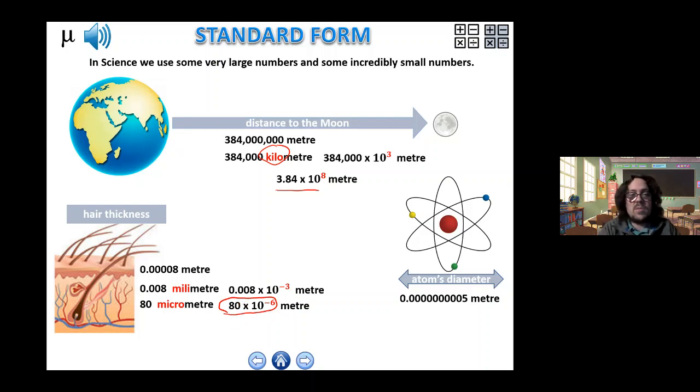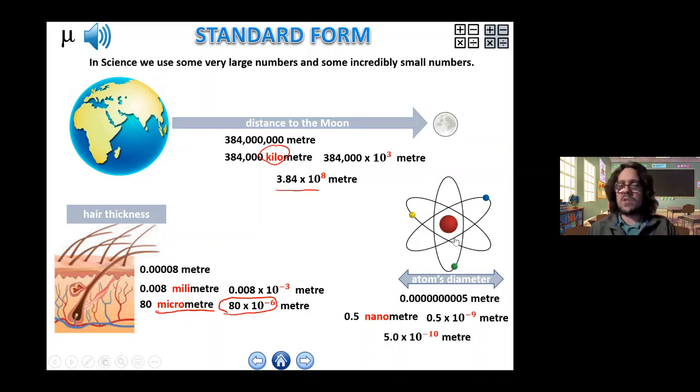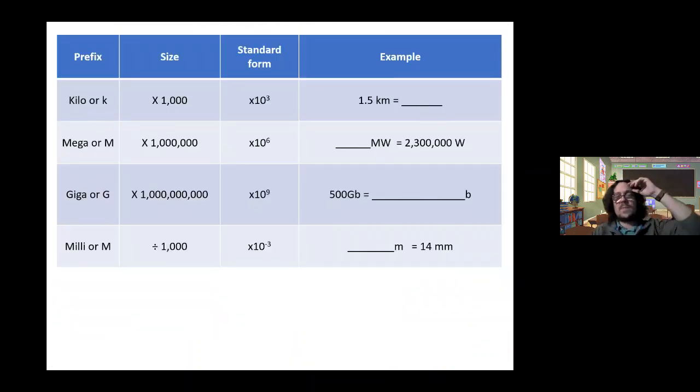We might even say microns, or micrometers. Finally, when you get down to the size of an atomic nucleus or the diameter of an atom, we're talking really small stuff, and rather than writing down all those zeros, we'd write something like 5 times 10 to the minus 10 meters.